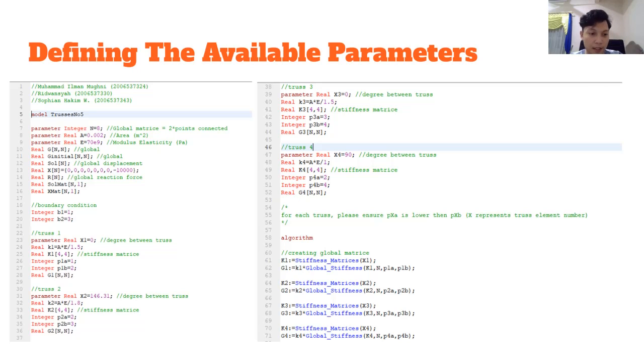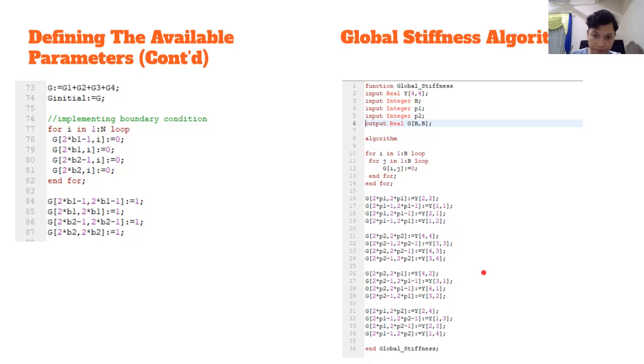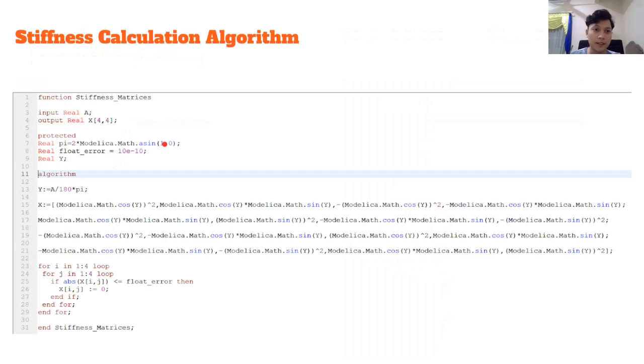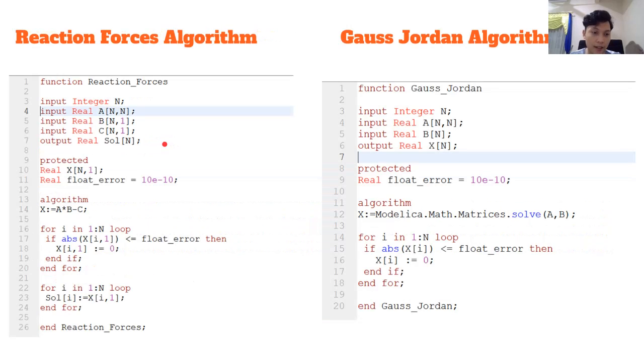And then we create the global stiffness constant matrix algorithm, like this. Then we make the stiffness matrix equation algorithm, the global stiffness system algorithm, then the reaction forces algorithm, and the Gauss-Jordan algorithm for the finishing method.